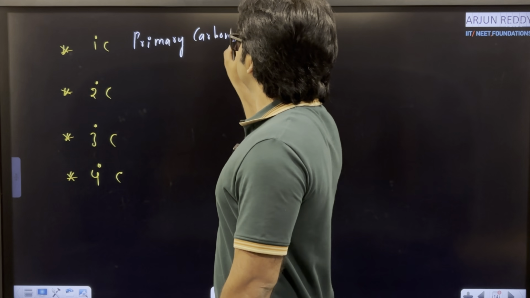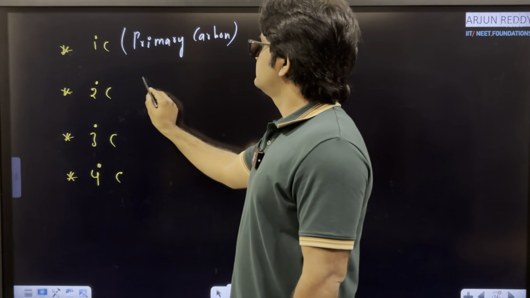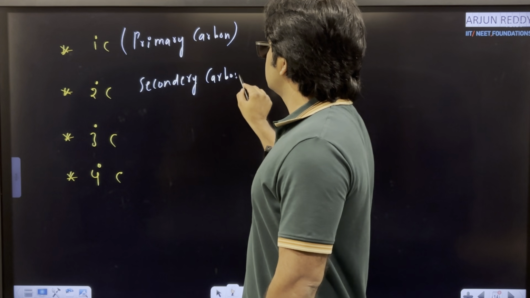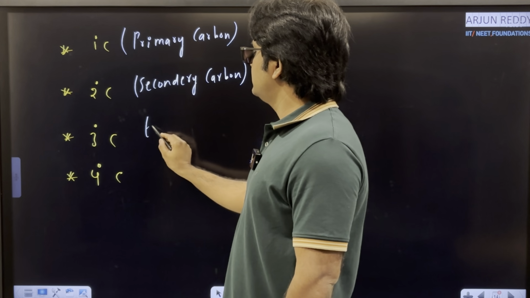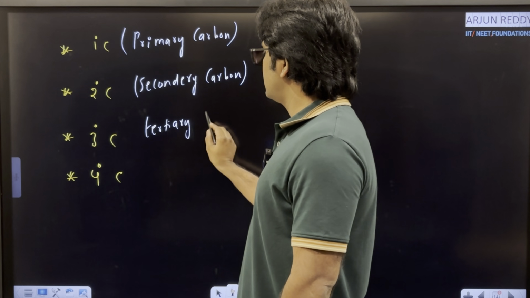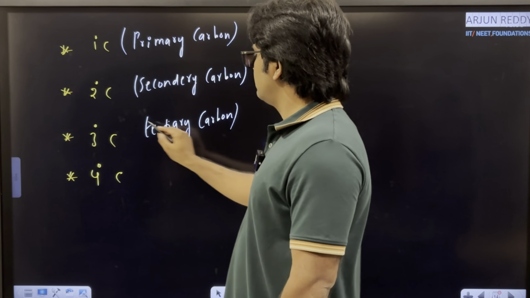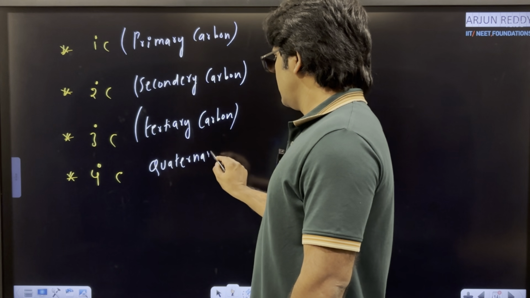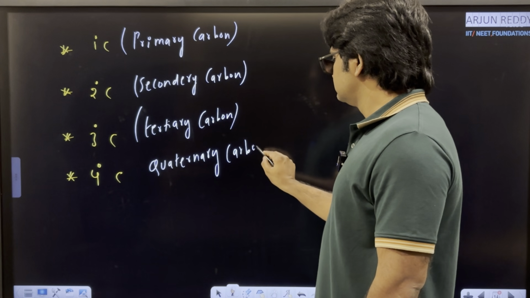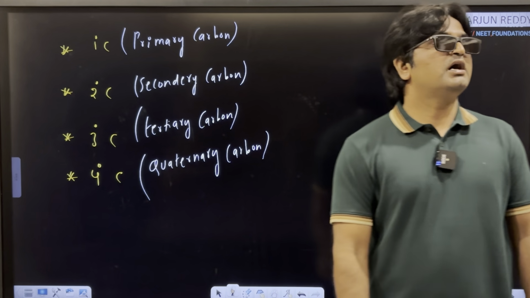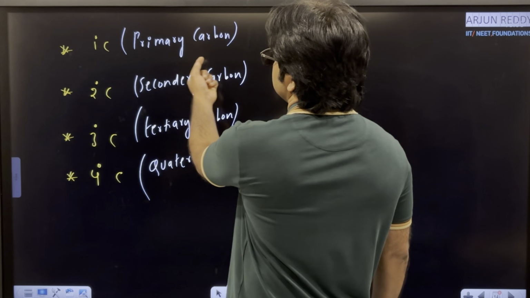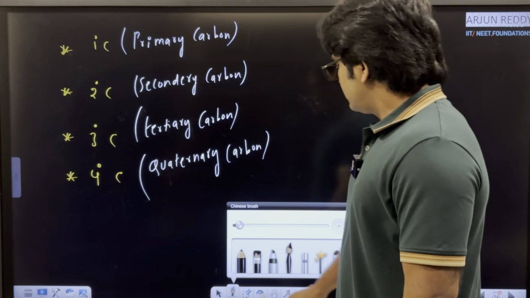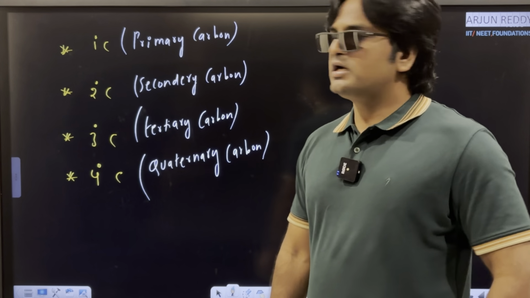And this one secondary carbon. Next one tertiary carbon. Next one quaternary carbon. So 1 degree carbon can also be called primary carbon, 2 degree carbon secondary carbon, 3 degree carbon tertiary carbon, 4 degree carbon quaternary carbon atom, right?